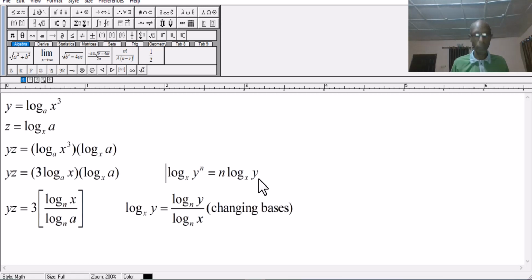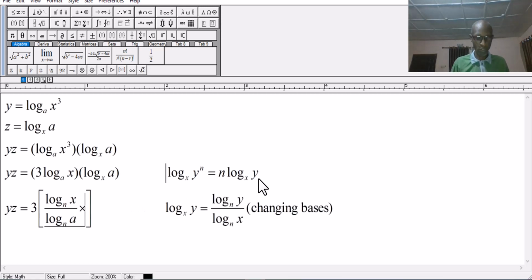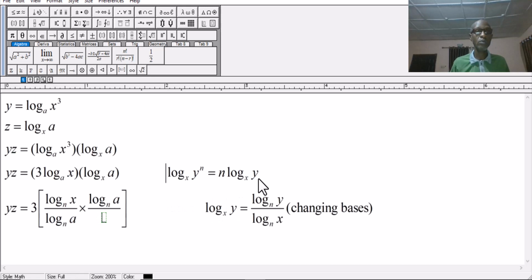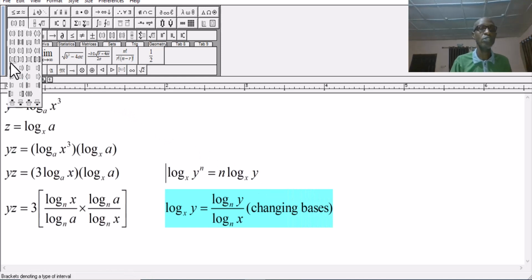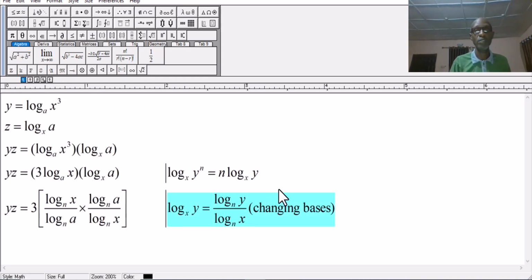So we are done with that. So the other one, so what we have just applied is changing of base.